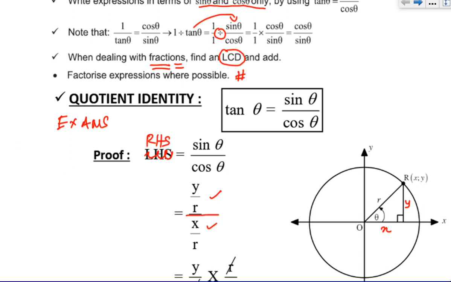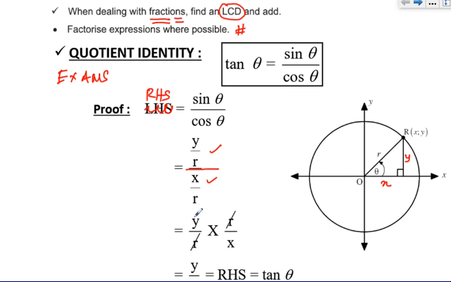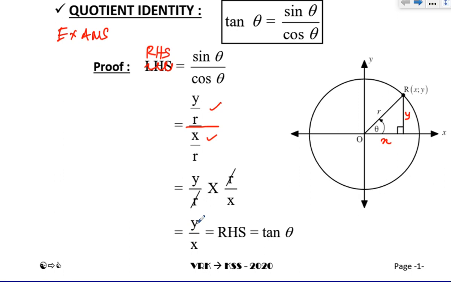Long division sign so that you don't get confused. Then for the second fraction, change that division sign to multiplication and invert, and you notice the r's will cancel, leaving y over x, which is tan theta, which is equal to the right hand side. Good little small proof.